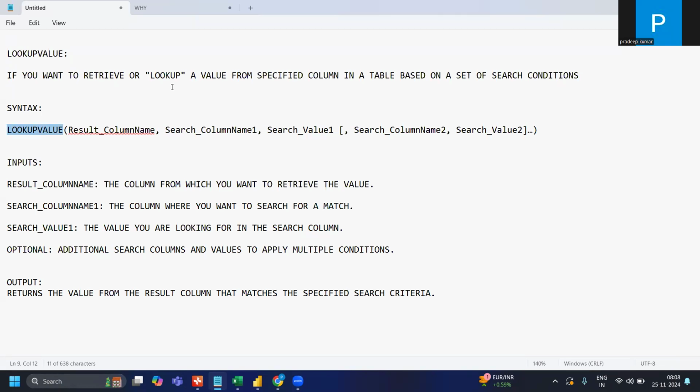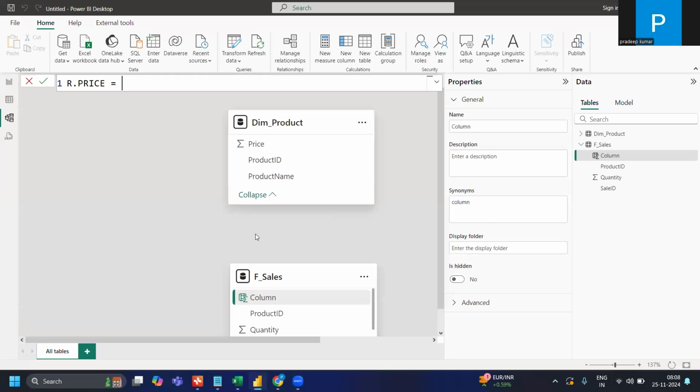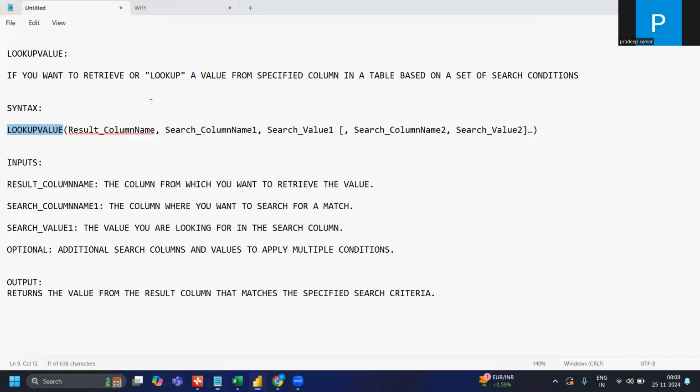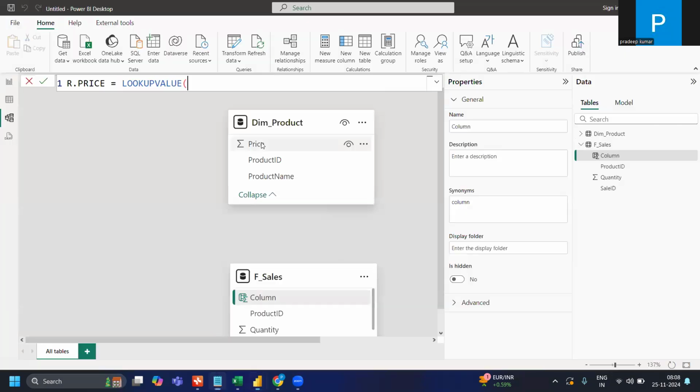If you want to retrieve a value from a specified column, I'm writing LOOKUPVALUE. So what is the specified column here? We are extracting the price column.